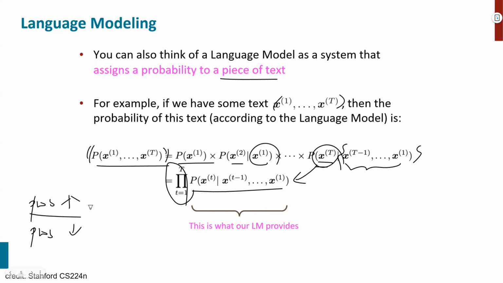When the probability is high, that means that sentence is quite natural, because the probability itself means that the sentence occurs often. And if the probability is quite low, that means the sentence is unlikely, or unnatural.